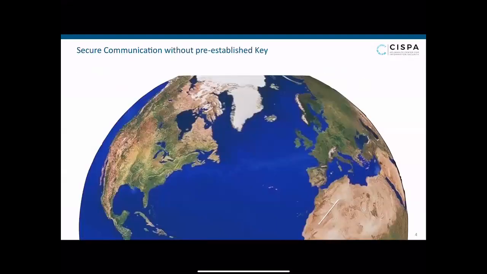However, since the 1980s and especially since the 1990s, things have changed rapidly, right? Where in the 1960s, there was only a demand for secure communication between a very small number of data centers, these days you can communicate digitally with people all around the world, right?